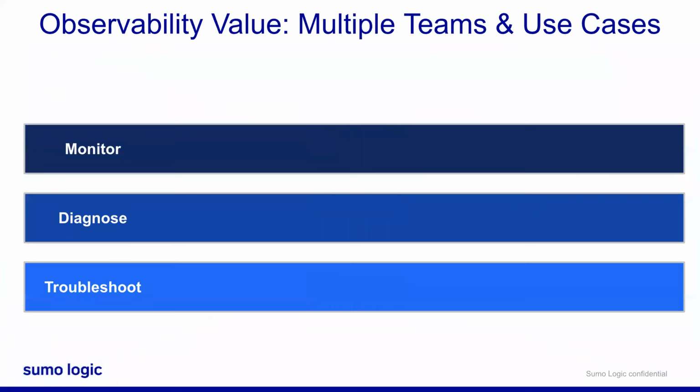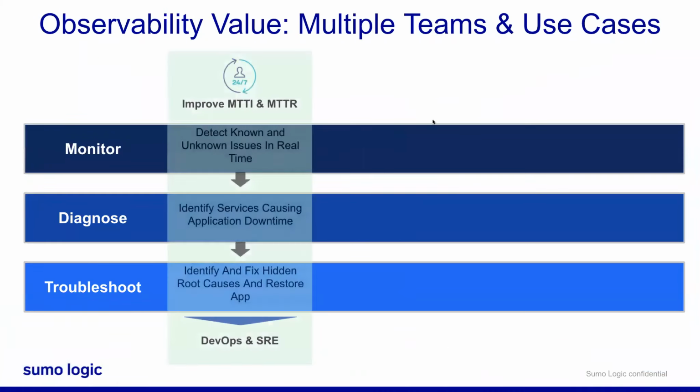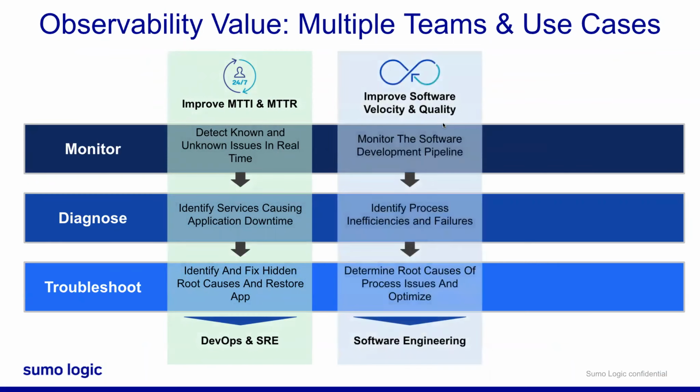Now, who can benefit from an observability solution? Well, everybody can. Certainly SREs and the DevOps team, those responsible for monitoring the health of an application, are going to need observability so that they can quickly monitor, diagnose, and troubleshoot application health issues. Observability helps the software engineer by providing visibility into the software pipeline.